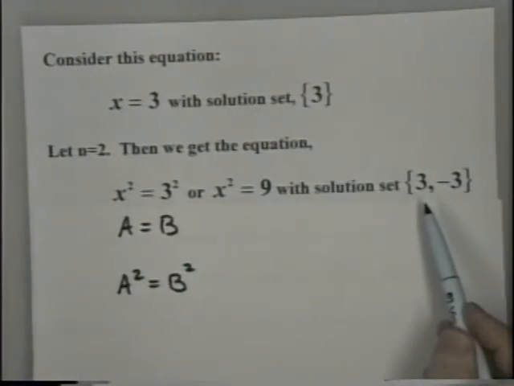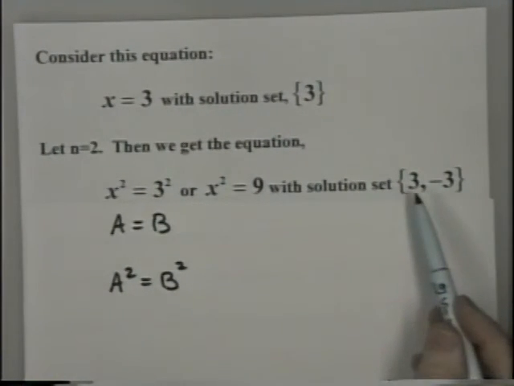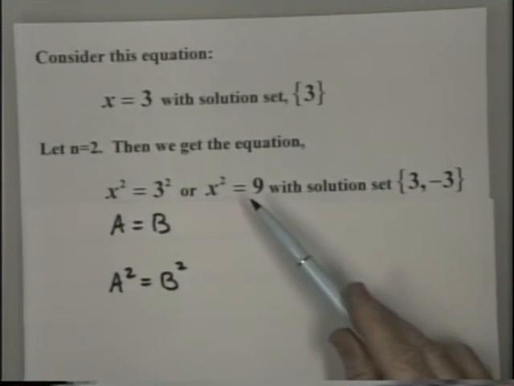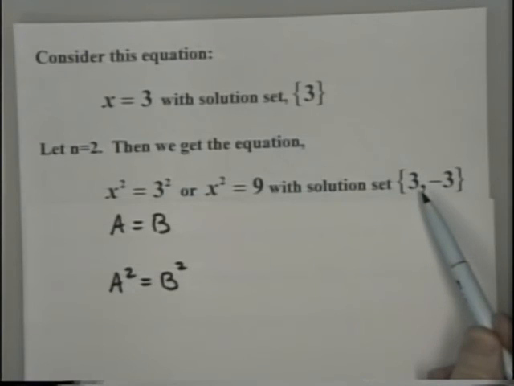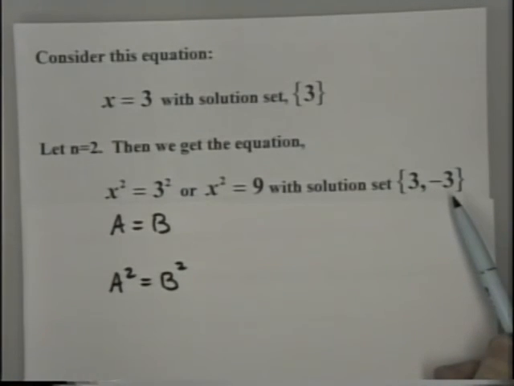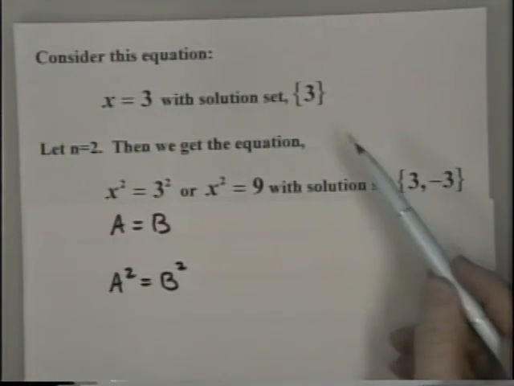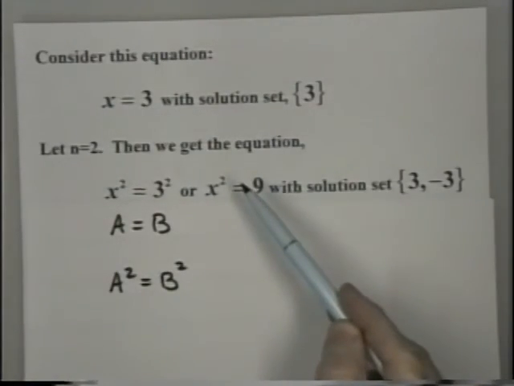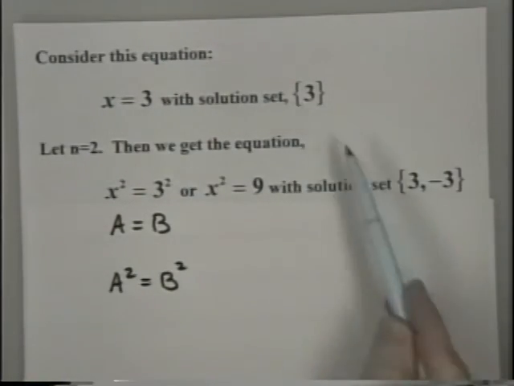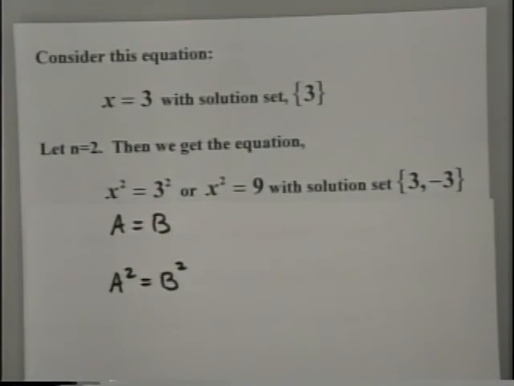It doesn't take much thought to remember that the solution to this new equation has two solutions, 3 and -3. So, are these two equations equivalent? No, they're not. If they don't have the same solution set, they're not equivalent.